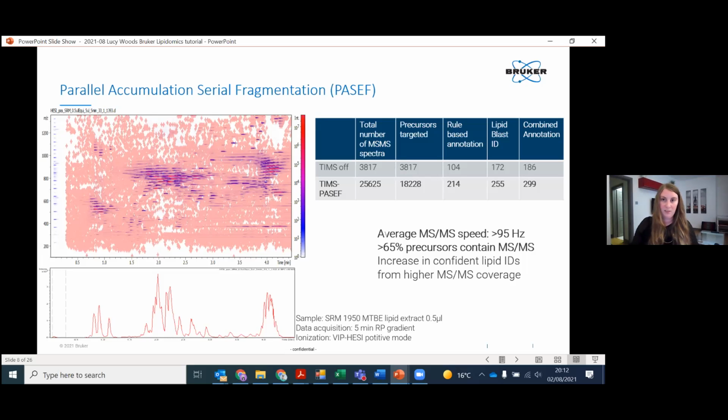This increases the number of precursors that can be targeted by more than 5-fold in this example for the SRM 1950 extract. With this, we're then able to annotate the different lipids using either a rule-based annotation, which I'll go through in detail, or by comparing to the LipidBlast library, which now includes the CCS dimension to match against, as well as in silico MSMS.